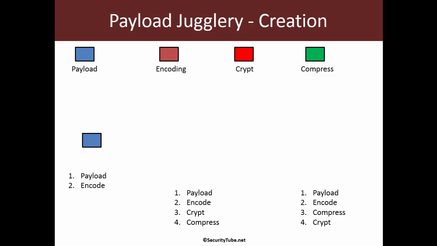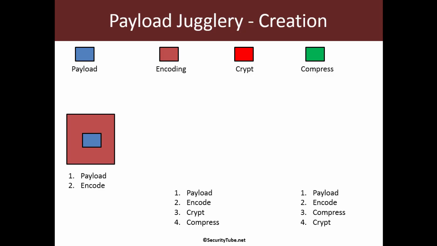Now, a more common technique around the payload is to encode it with different encoders. People who love MSFvenom and MSFpayload might remember the Shikata Ga Nai encoder as one of the more popular ones, right?